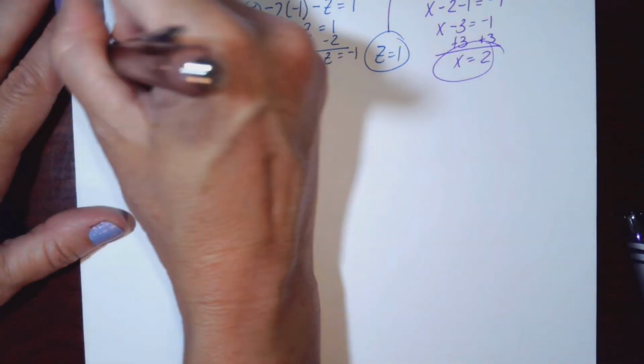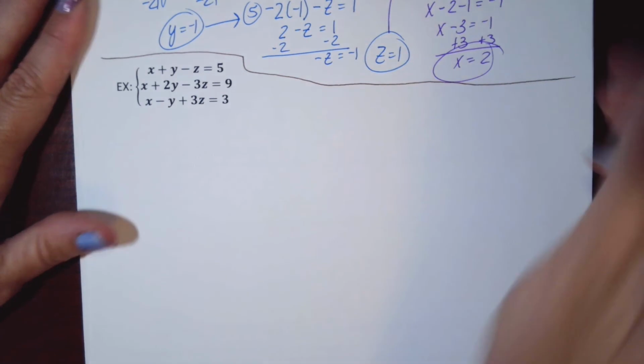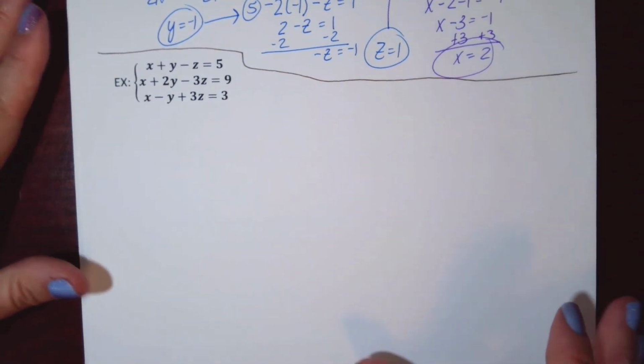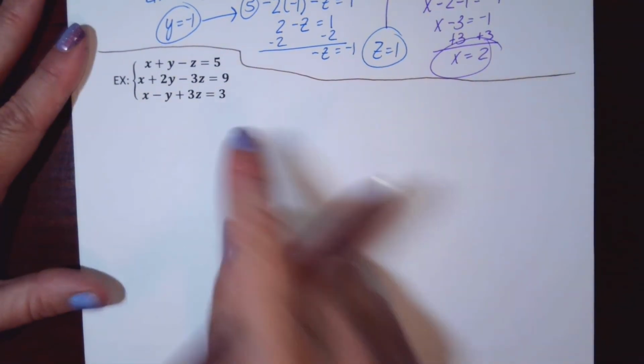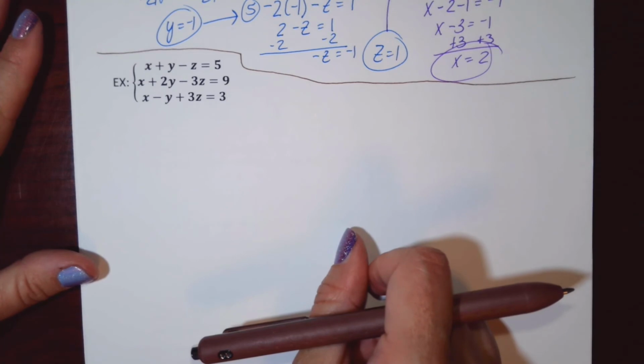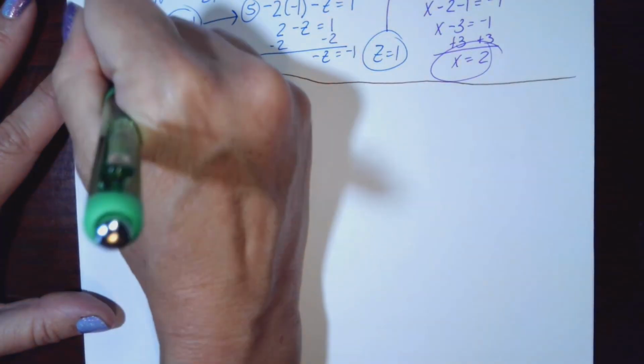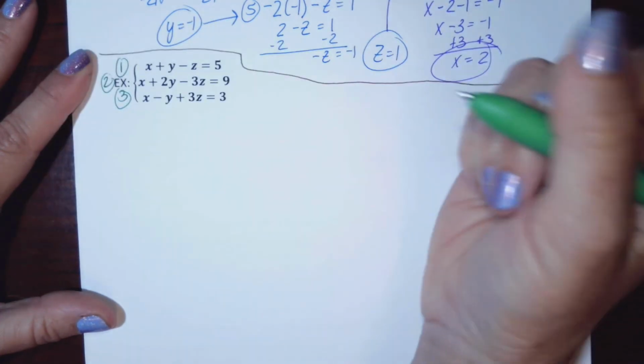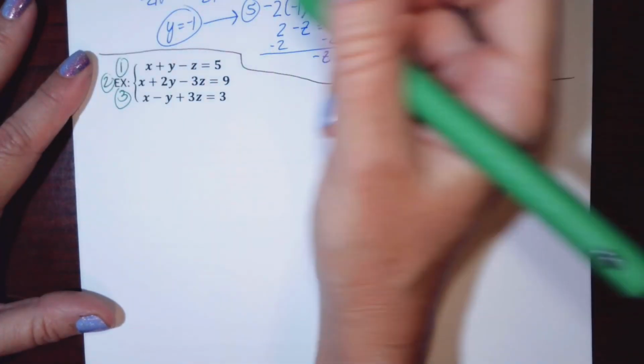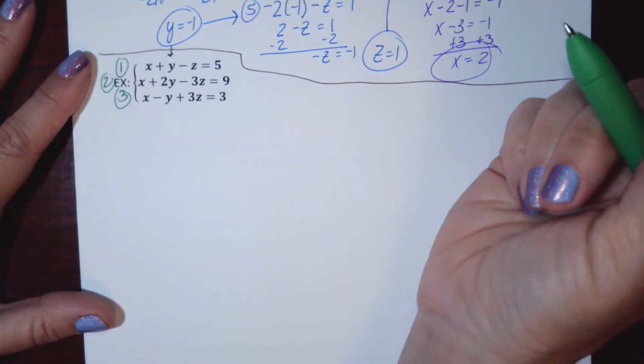Alright, last example for this section. Again, does not matter. I can choose to eliminate any of those three variables. I'm going to pick, because there's no one here to ask, I'm going to pick y. Let's do y again.